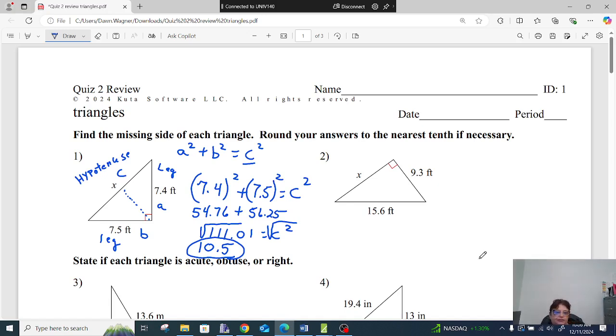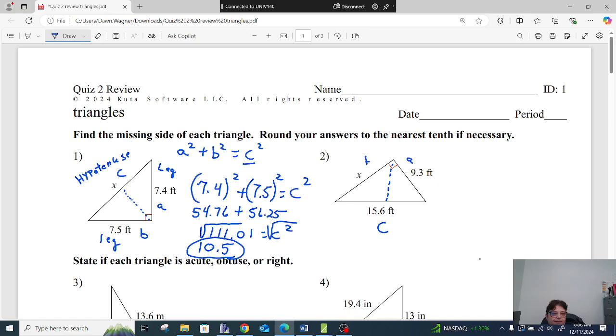So let's label number 2. How am I going to label number 2? I always label C first. Which side length is C? 15.6 is C. These I could label A or B. It doesn't matter.